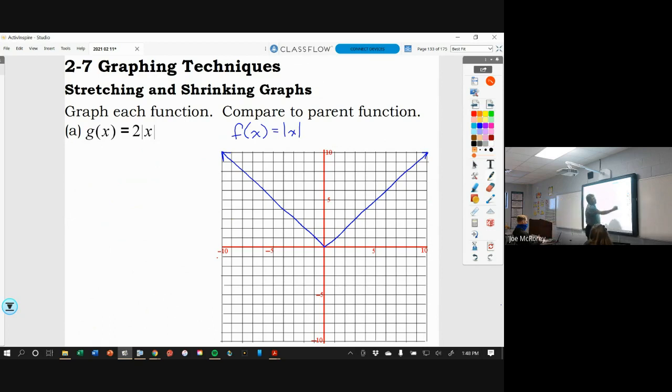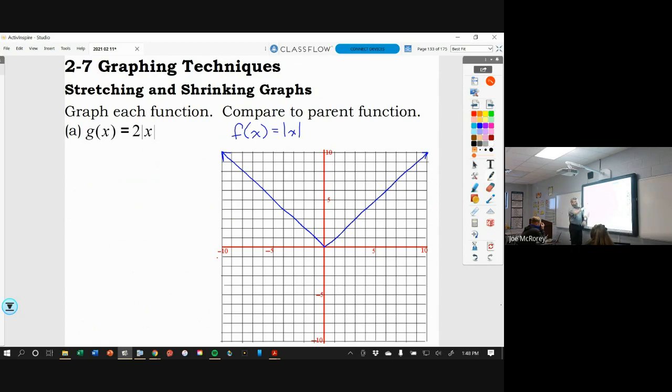In red, I will graph the 2 times the absolute value of x using transformations. Is that 2 with the x? No, it's not with the x. So because this 2 is not with the x, then it has to be with the y, because that's how this thing works.